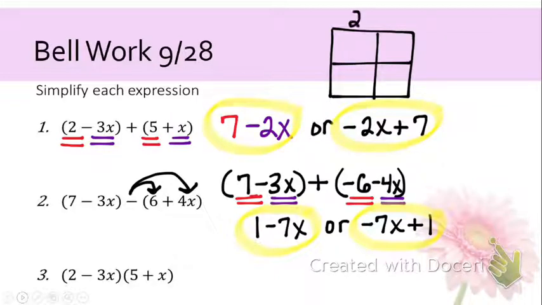All right, so we have 2 minus 3x and 5 plus x. And let's go ahead and multiply. So this is number 3. I'm just doing it at the top.